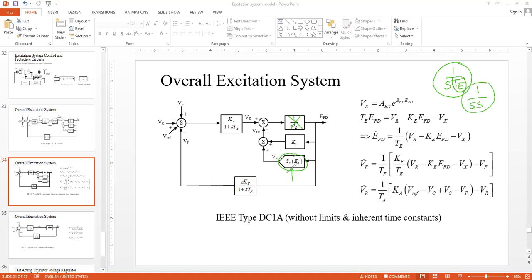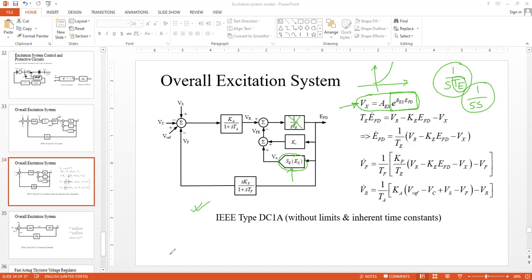But this is non-linear. Why? Because you can clearly see that Vx is a function of EFD, the exciter output voltage, and it is an exponential function. So clearly we all know that an exponential function is simply a nonlinear function. Because of the presence of this, we can't treat this model that is presented here as a linearized model.